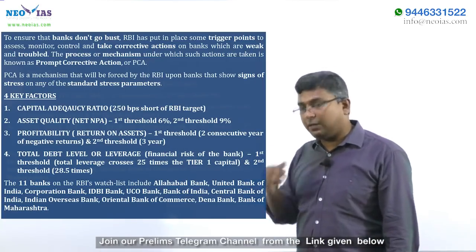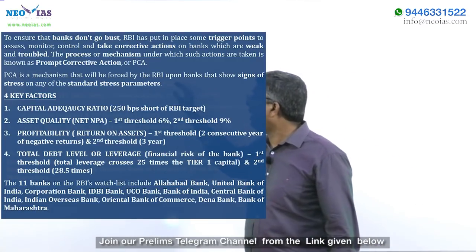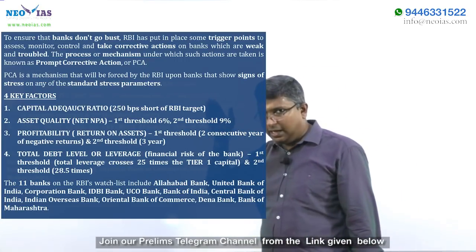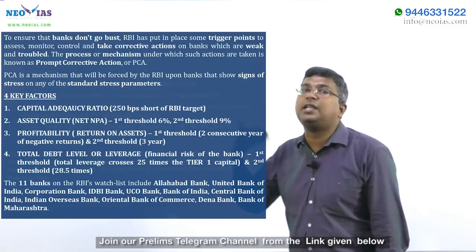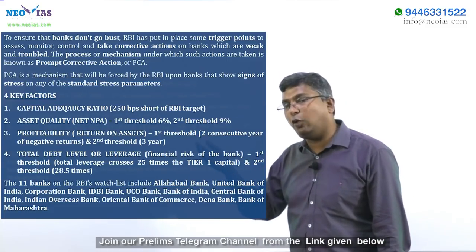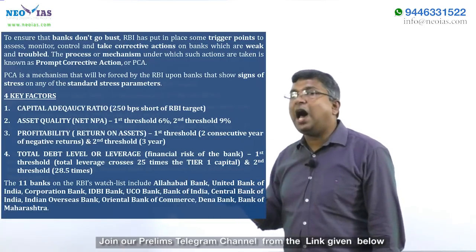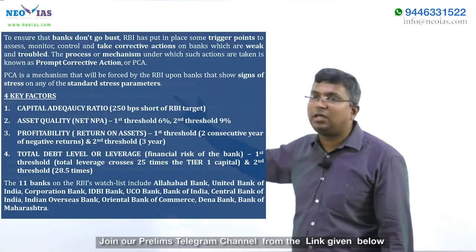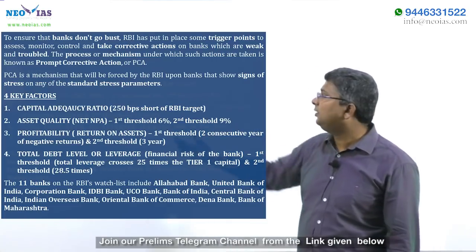Now, if any bank falls short by 250 basis points, that is 2.5% lower than RBI's target of 9%, then RBI will trigger the first trigger in relation to capital adequacy ratio. RBI will ask the bank to settle.